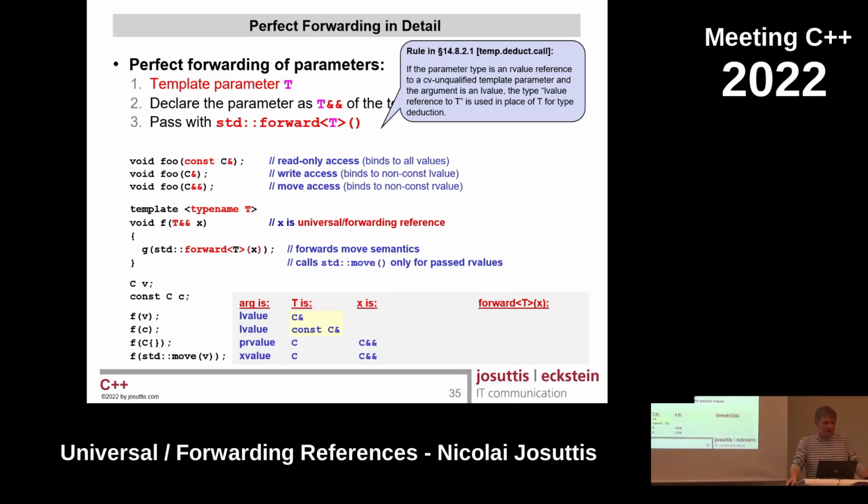This case here, well, we have a parameter not qualified with const and volatile, and it's an R-value reference.